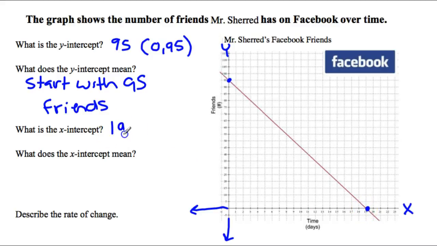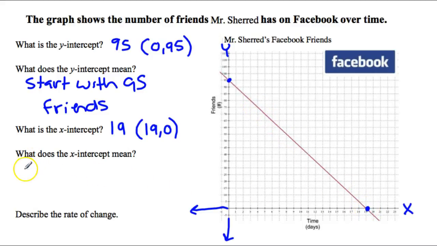I would really prefer if we wrote (19, 0), that's the x value, and y is 0. So that's the x-intercept. What does that mean? Well, in 19 days, how many friends does Mr. Sherrod have? Well, he started with 95, and it went down, down, down, down to 0.